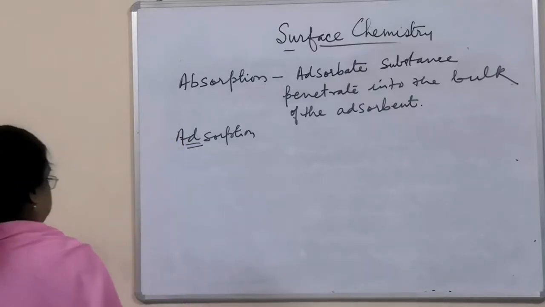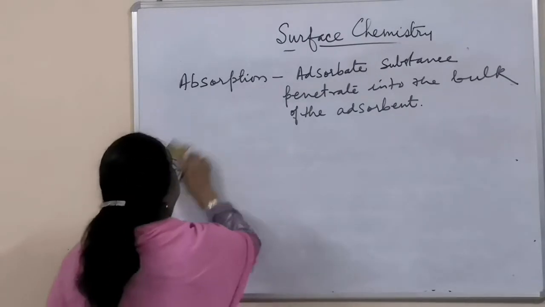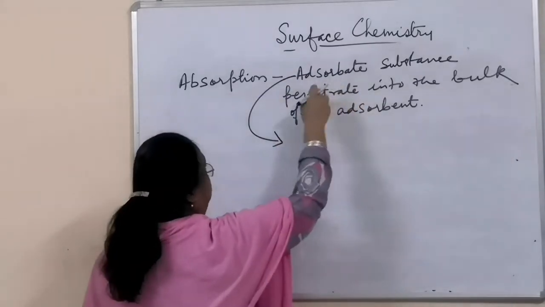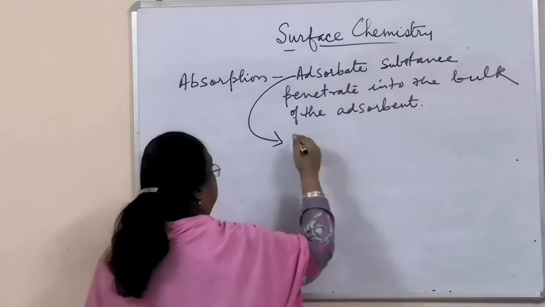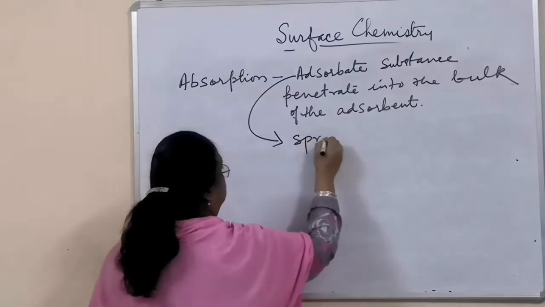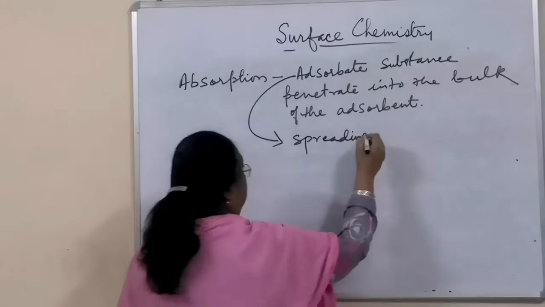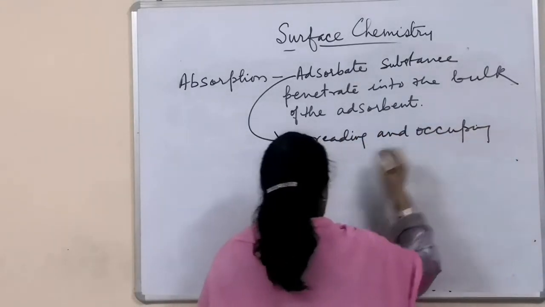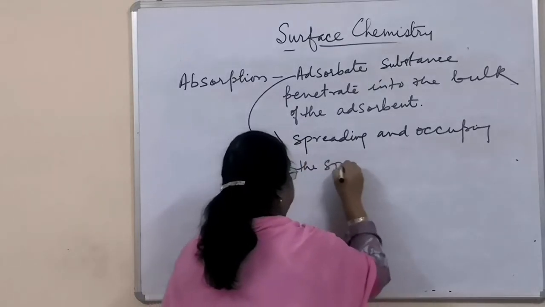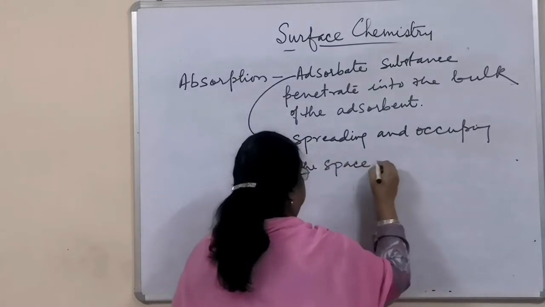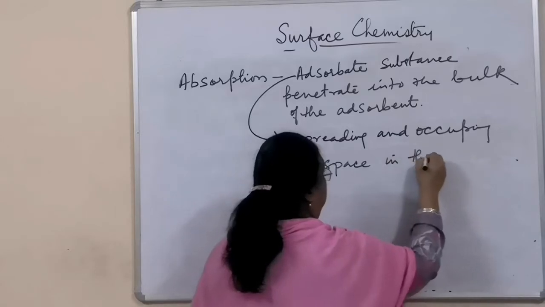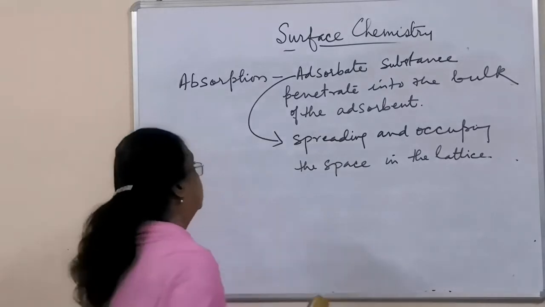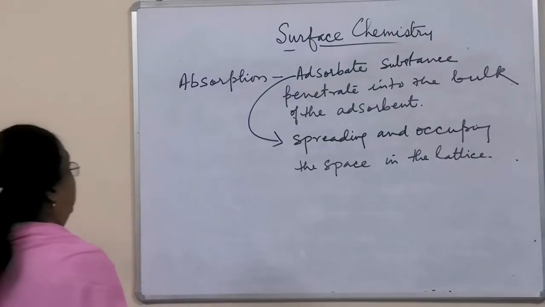These adsorbate substances, when they penetrate into it, are spreading and occupying the space in the lattice of the solid, the lattice of the substance. So here that is your absorption.